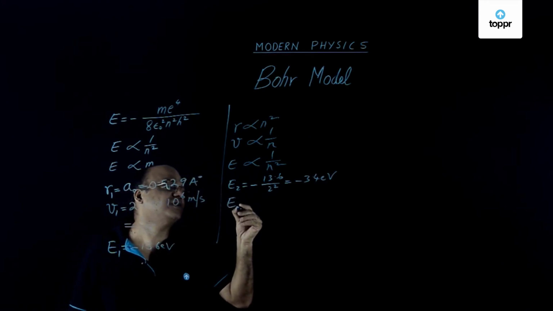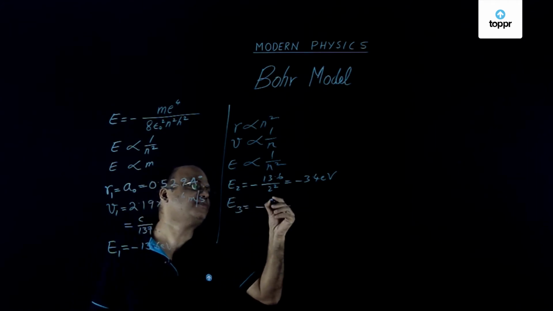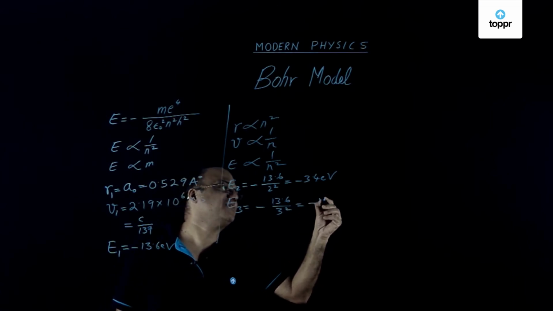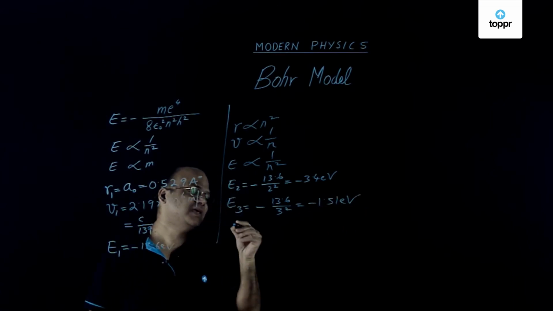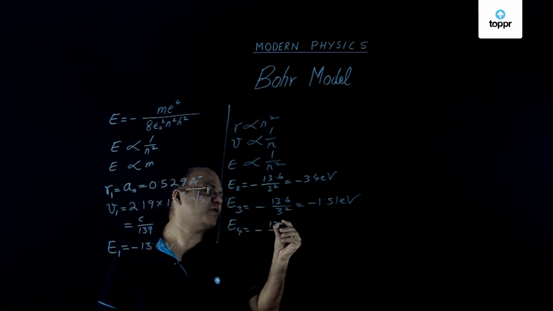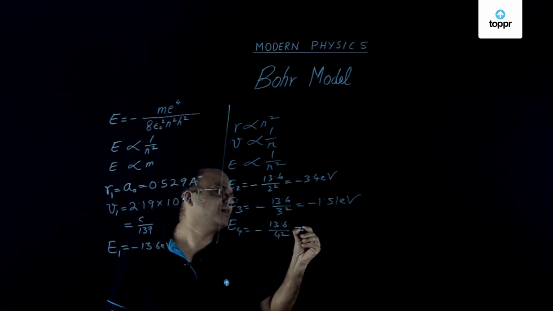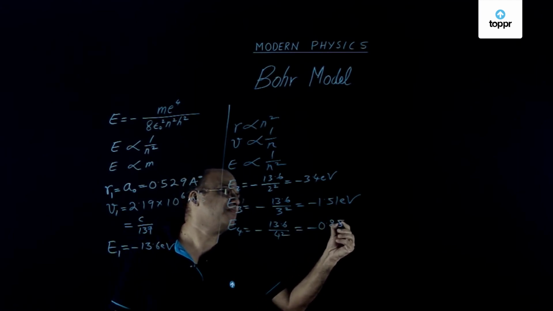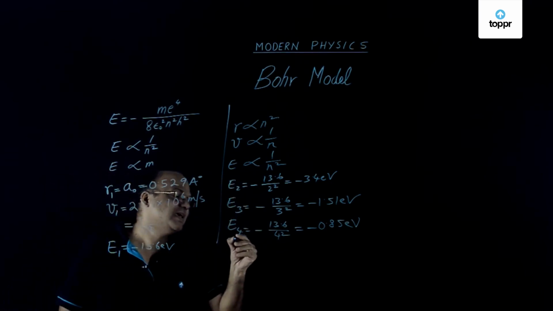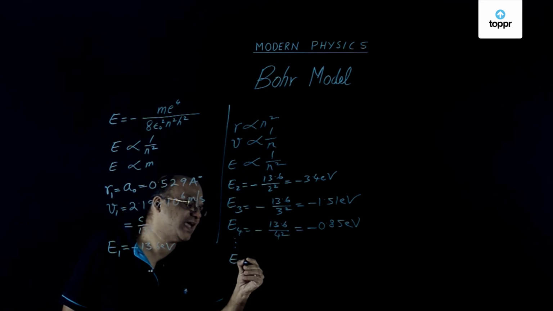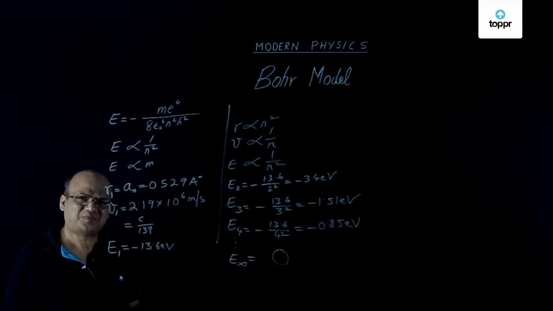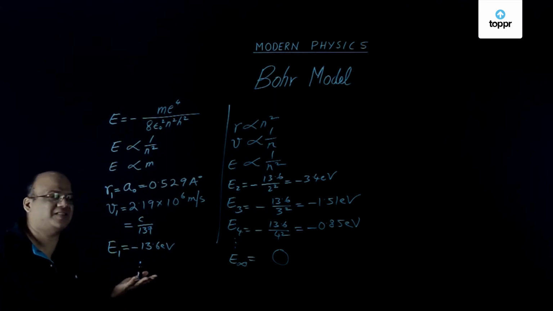Energy of electron in the third orbit will be minus 13.6 by 3 square, that is minus 1.51 eV. Energy of electron in the fourth orbit will be minus 13.6 by 4 square, that is minus 0.85 eV. Try to memorize these values, useful in solving some questions. Energy in the last infinite orbit is 0. So try to memorize these values, they are useful.